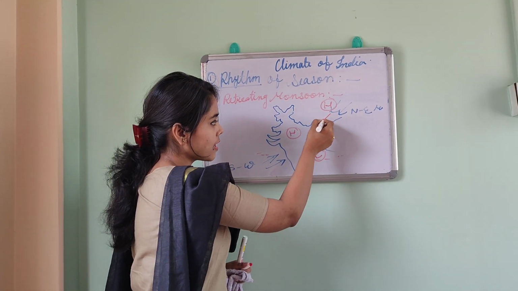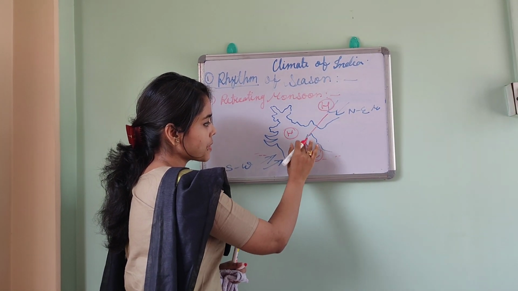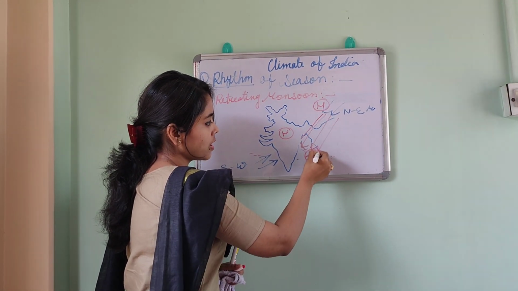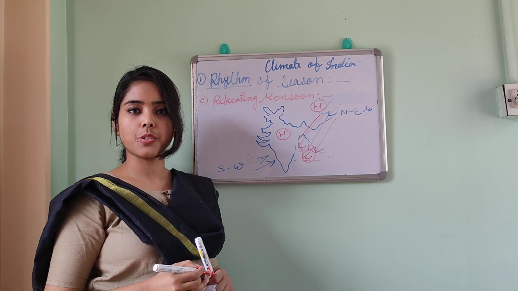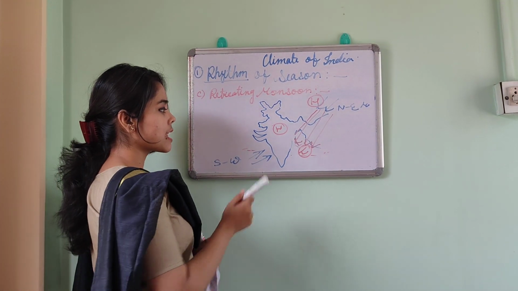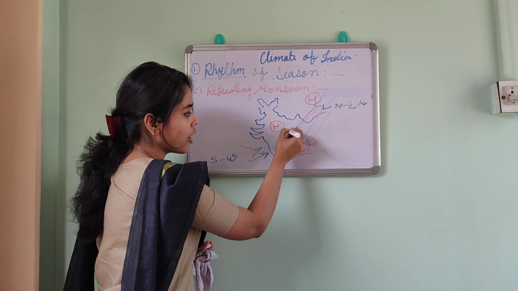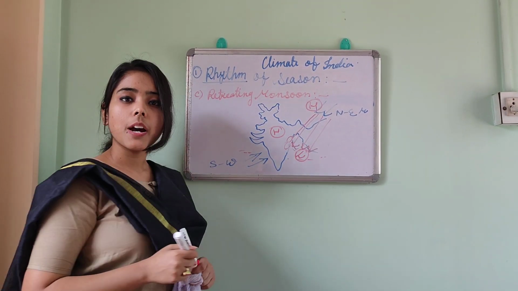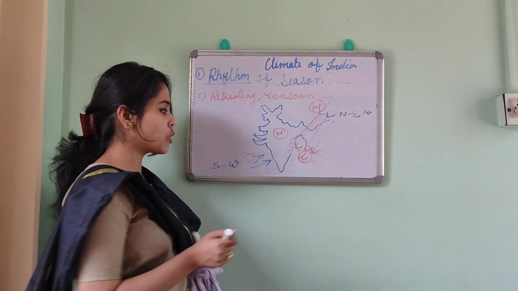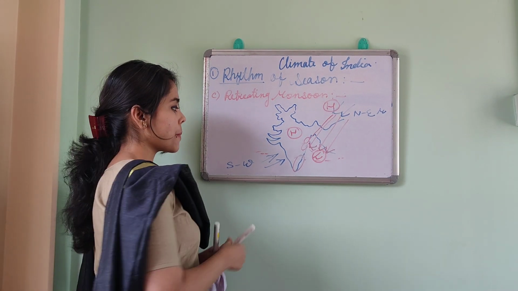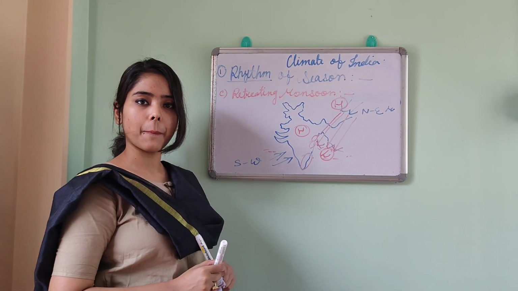So from here the wind will come and this wind will capture the low pressure zone. And when this wind is coming, it will cause a huge amount of rainfall near Orissa, Andhra Pradesh and some amount in the Coromandel coast, that is in Tamil Nadu also. Okay, some amount of rainfall over here.